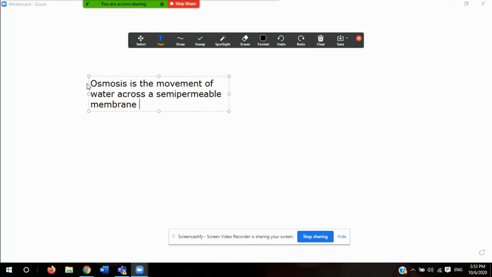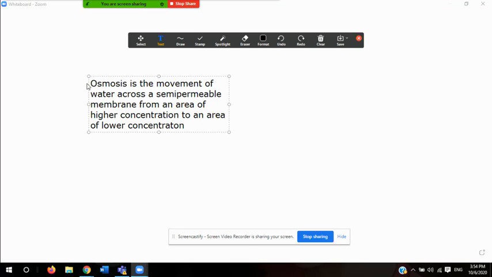So osmosis is the movement of water across a semi-permeable membrane from an area of higher concentration to an area of lower concentration.